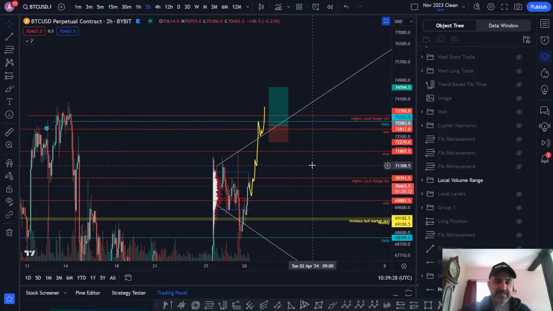So you're into resistance, so that's the problem with that trade. You're into an untapped daily level and you're into the value area high. I'm not crazy fond of it.